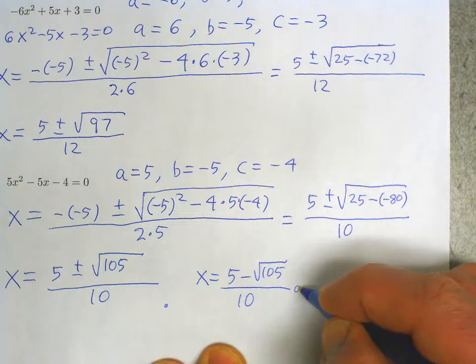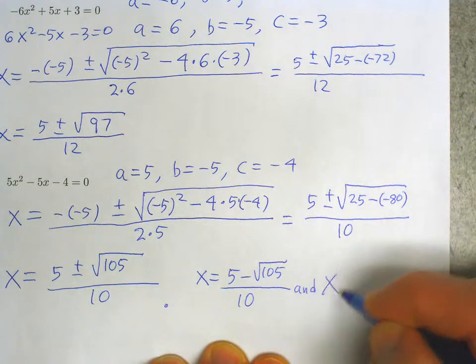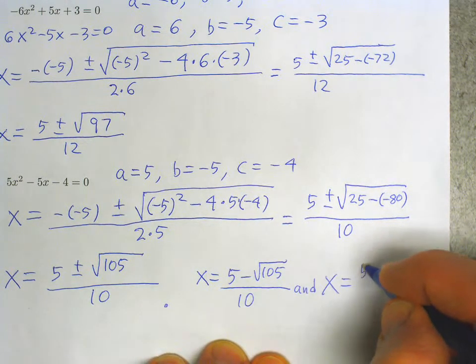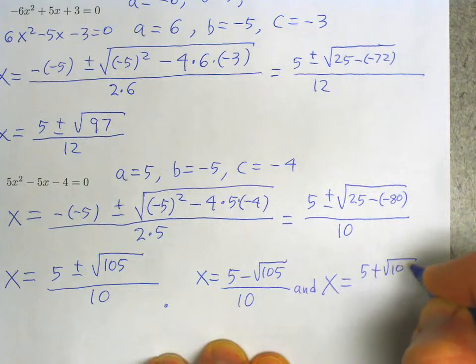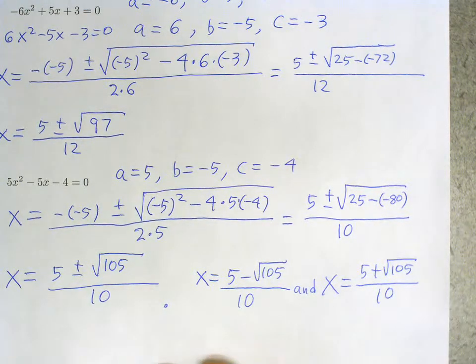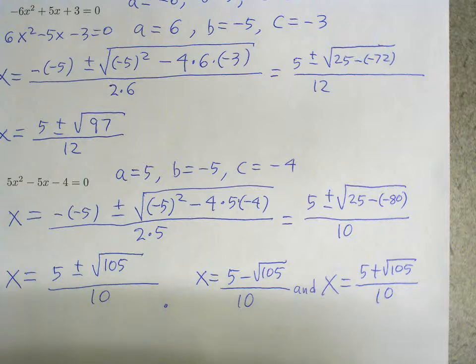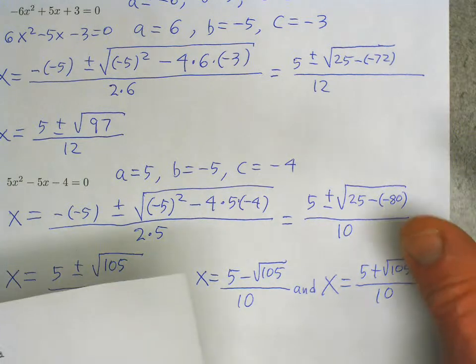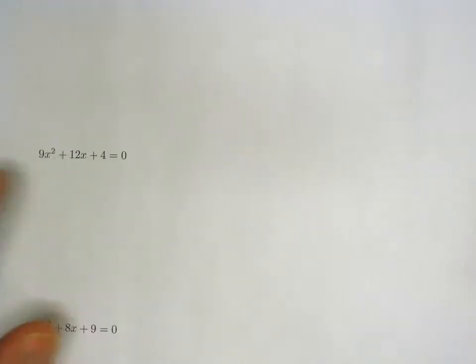And the other solution, x equals 5 plus the square root of 105, all divided by 10. Well, we'll just keep doing more examples. I know this probably isn't very fun, but you get better with practice.